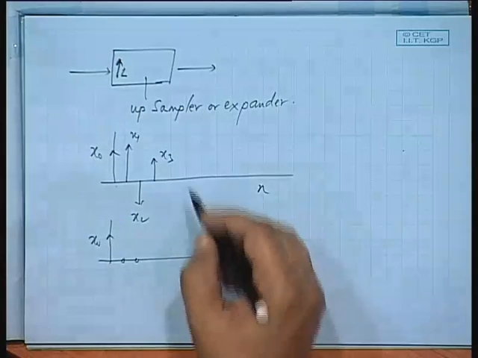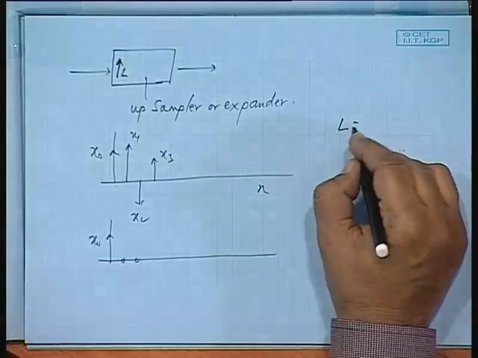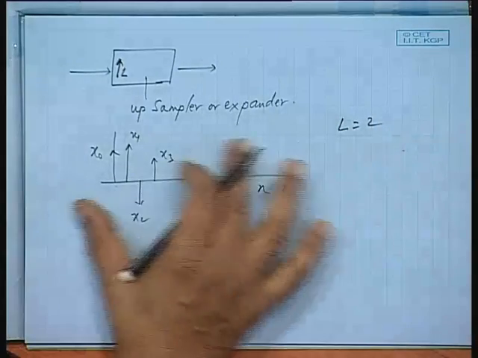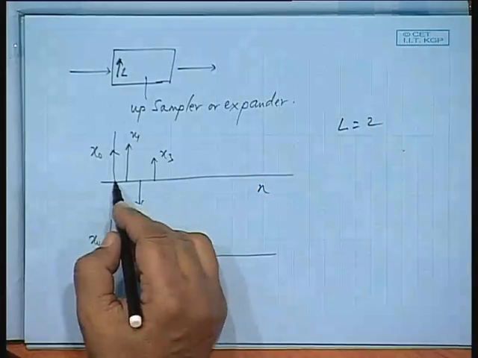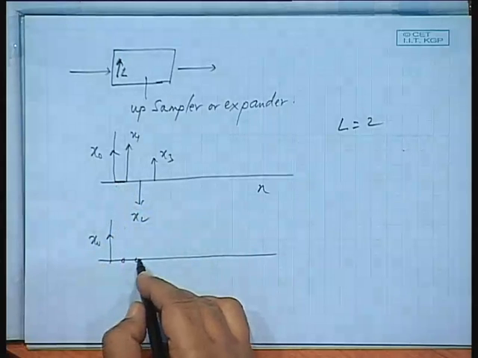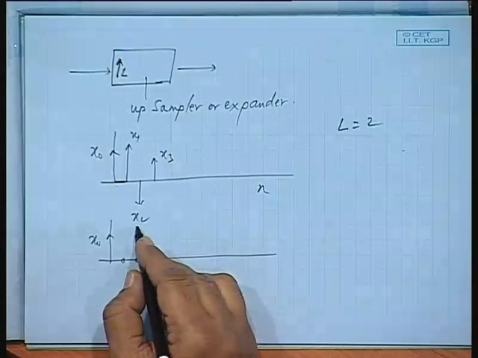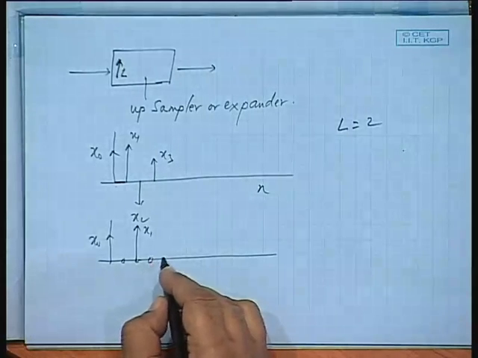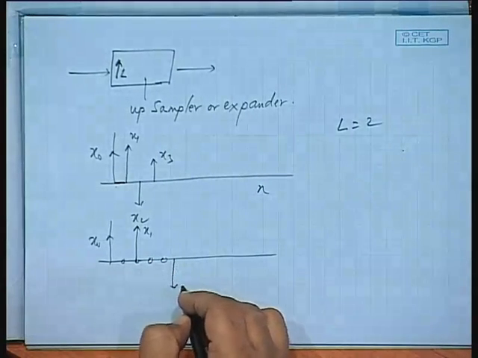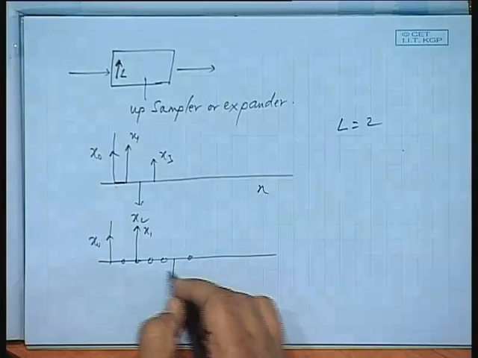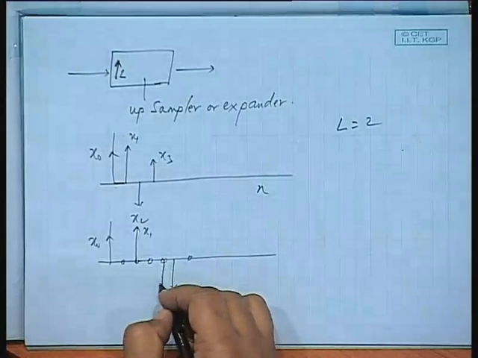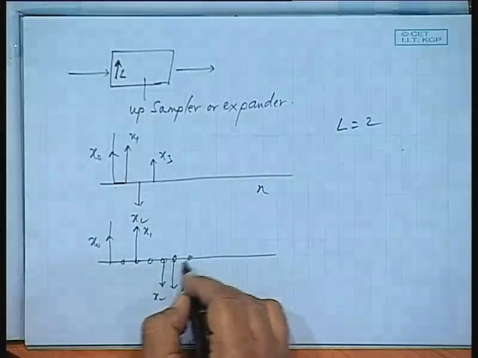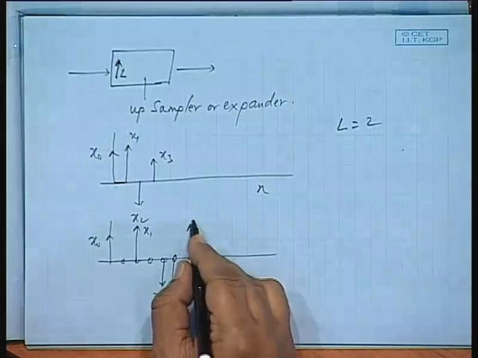If L is 2, I expand it by 2, that means instead of one segment difference there will be a 2 segment gap. So, this will be x1 0 0, sorry, this will be x1, then 0, this will be x2, then 0, this will be x3 and so on.